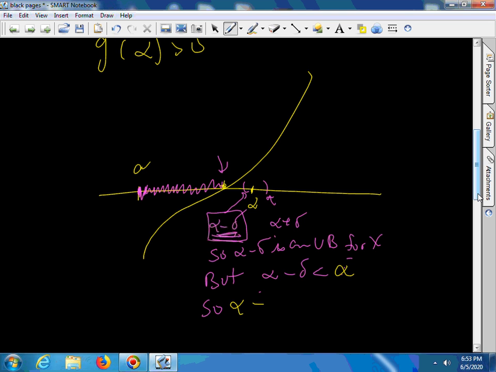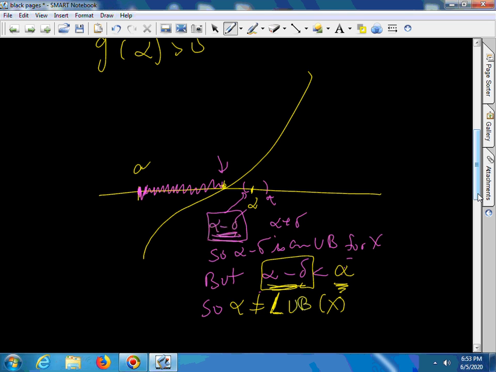So alpha can't be the least upper bound of X. Why? Because I found a smaller upper bound. If anything, this alpha minus delta is a better candidate to be the least upper bound than this.